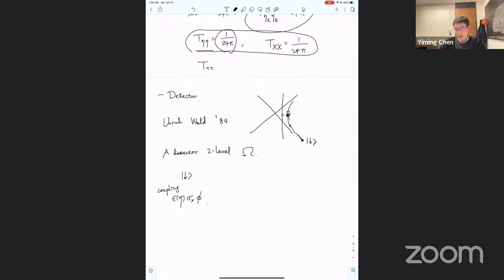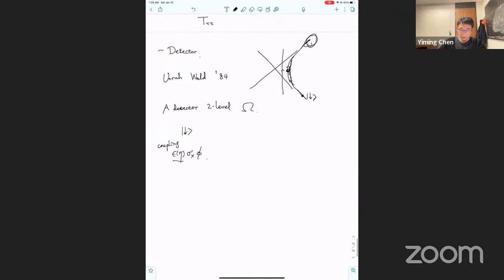It's just a standard coupling you might have between your equipment and the environment, which in this case is the scalar field. This epsilon of eta is some small window function, which is originally zero, but at some intermediate time we turn it on a little bit and turn it off at late time. And then we ask, what is the state of the detector at late time?